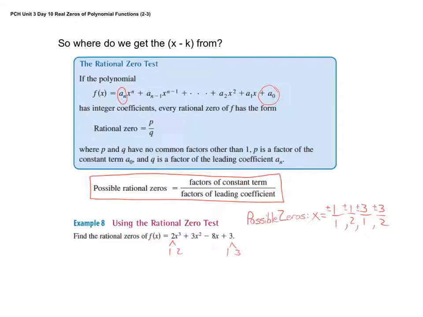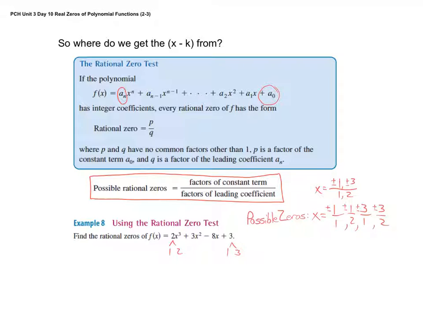One way that, as you get the hang of it, you may write it, just to cut down on the writing, is to say it's plus or minus 1, plus or minus 3, over, we don't need the plus or minus in the denominator, 1 or 2. You'll see us write it that way sometimes, just to save a little bit of writing.